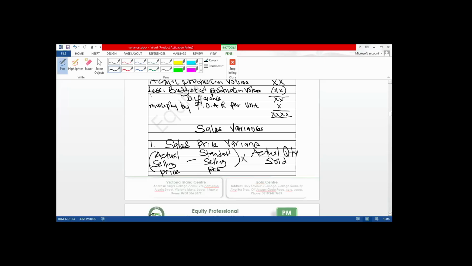Your sales price variance is calculated as actual selling price minus standard selling price, then multiplied by actual quantity sold.